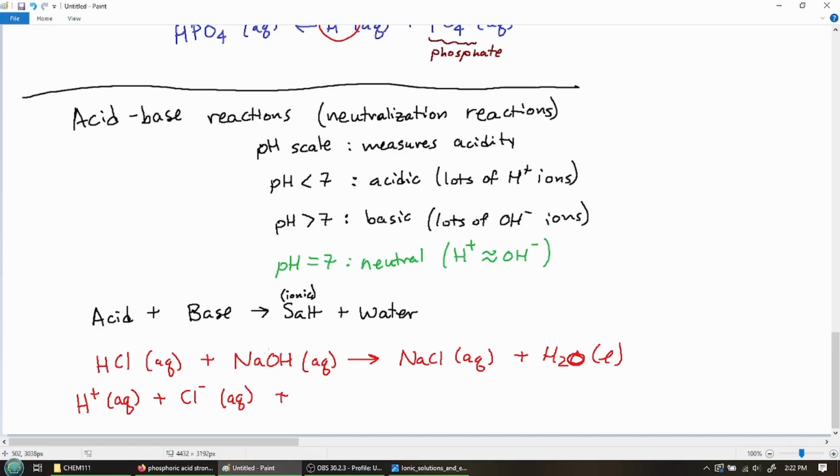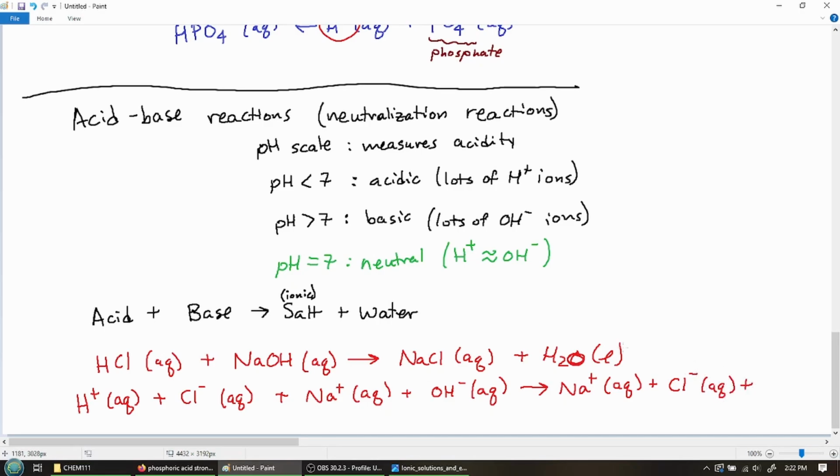But we also know that sodium hydroxide is going to split apart into sodium ions and hydroxide ions. And why do we know that? We know it because it's also a strong base. So when this reacts, we've said that this forms this salt here. In fact, it forms table salt. But we know also that table salt will dissolve in solution. So we wind up getting Na+ Cl-.